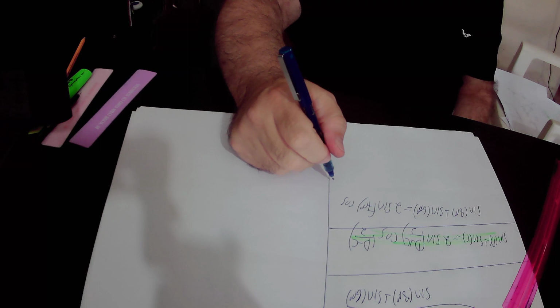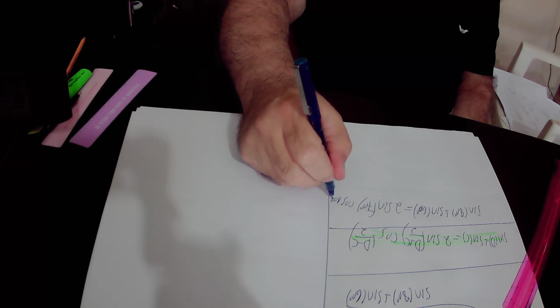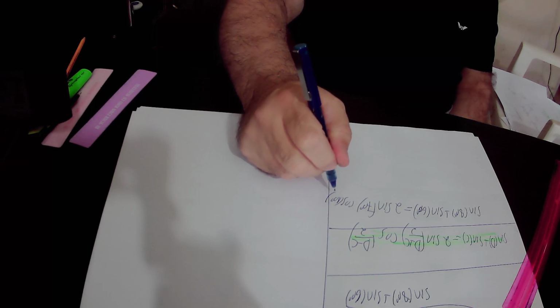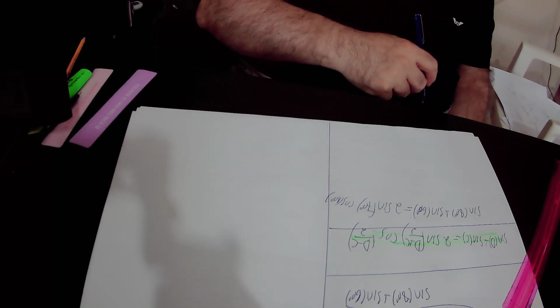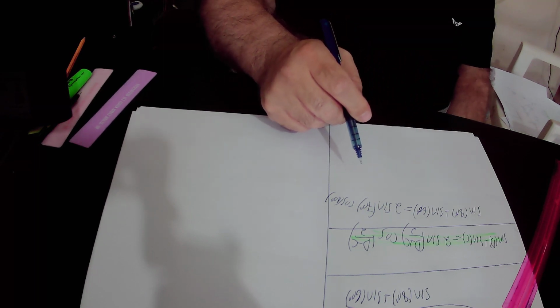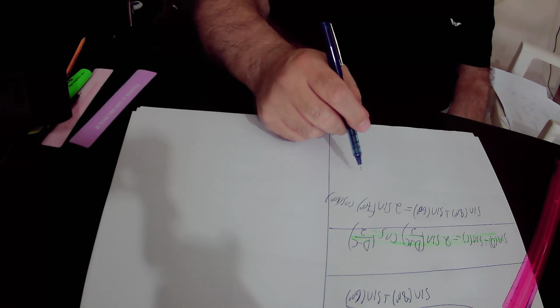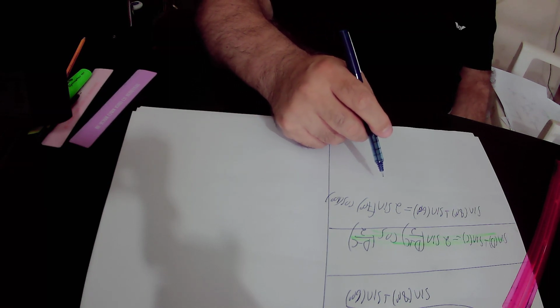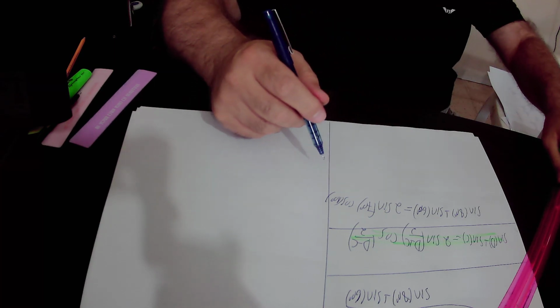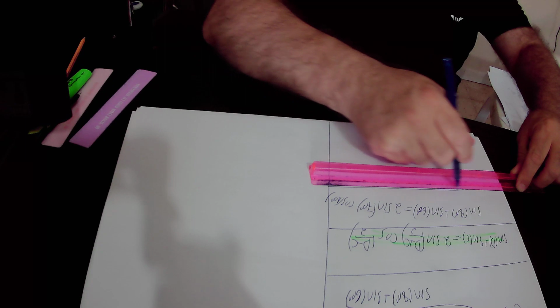D is 80 and c is 60, so 80 minus 60 is 20, and 20 over 2 is 10. So in conclusion, we found out that sin 80 degrees plus sin 60 degrees equals 2 times sin 70 degrees times cosine 10 degrees. Now we substitute sin 80 degrees plus sin 60 degrees by 2 sin 70 degrees times cosine 10 degrees.